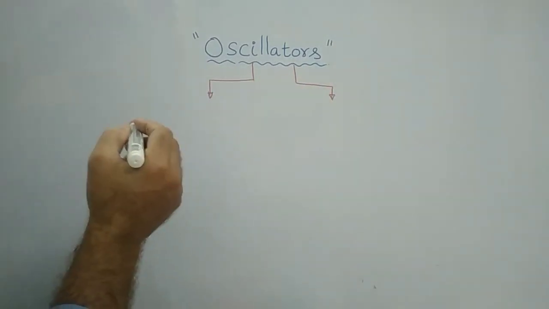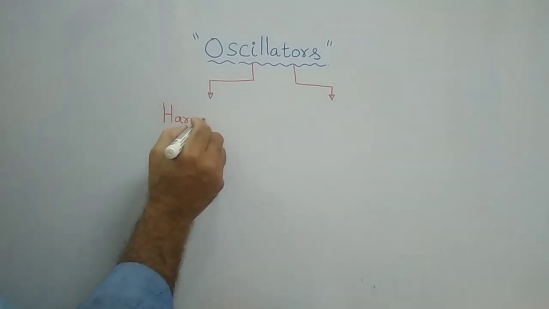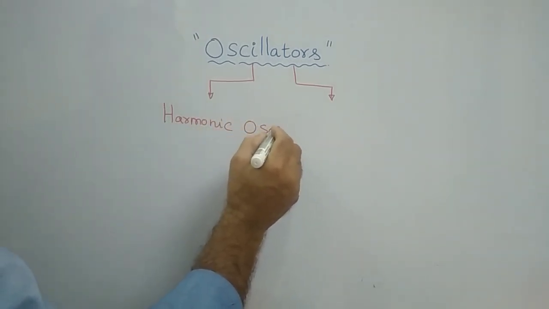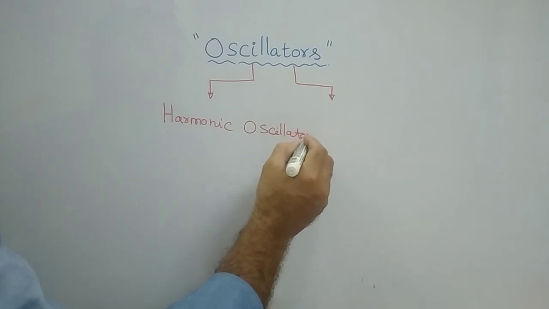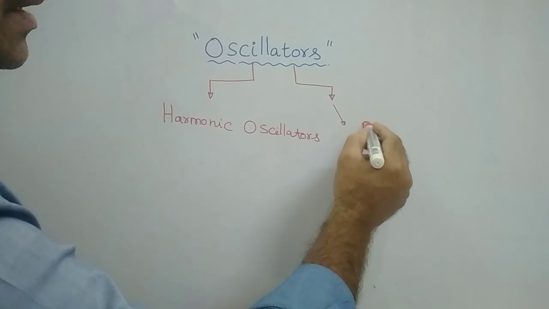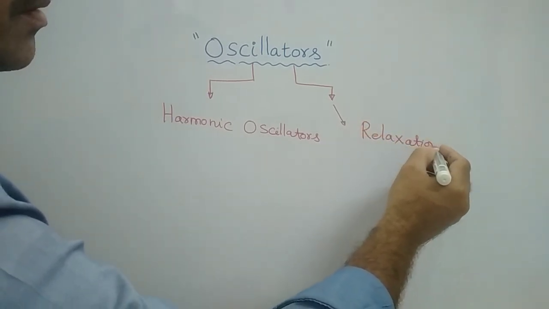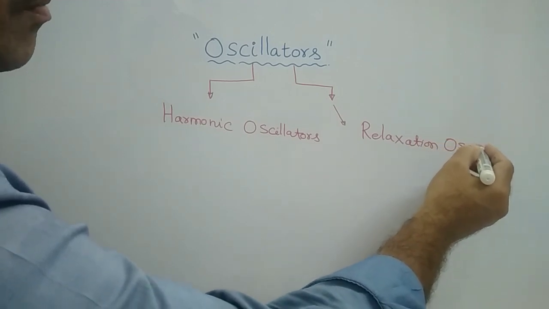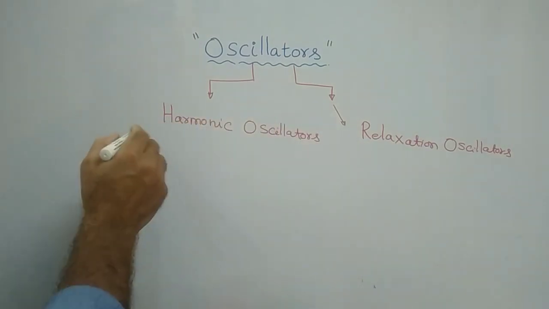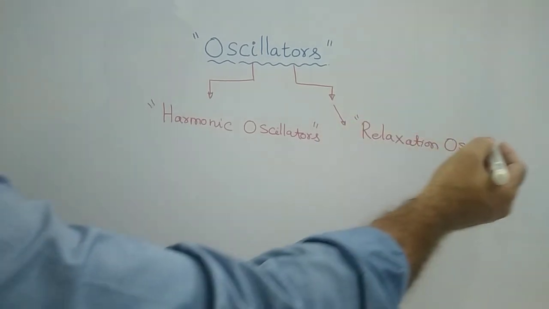One is harmonic oscillators, and the second one is relaxation oscillators. These are the two very important types of oscillators.